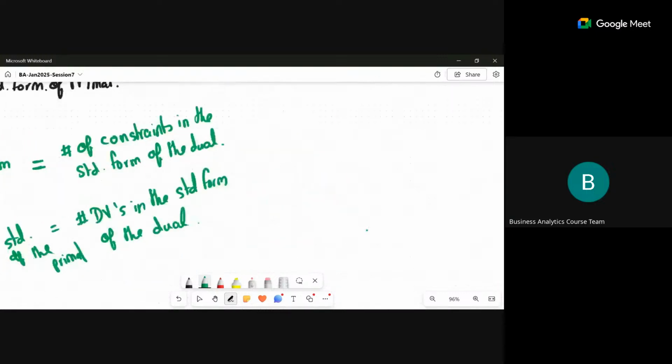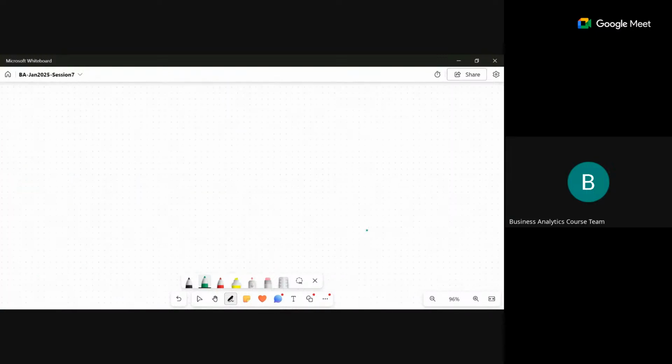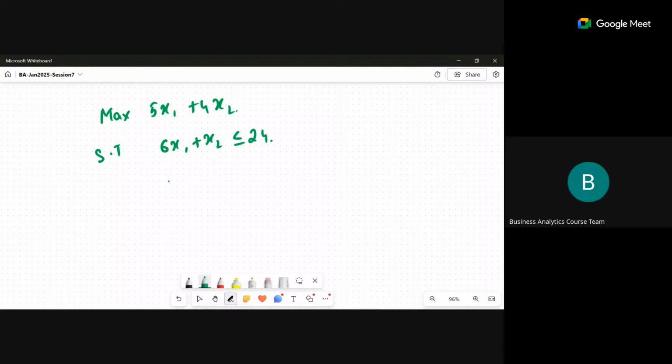Super. Now using this, for the same problem that we just did, where we had maximize 5x1 plus 4x2 such that 6x1 plus x2 is less than or equal to 24.